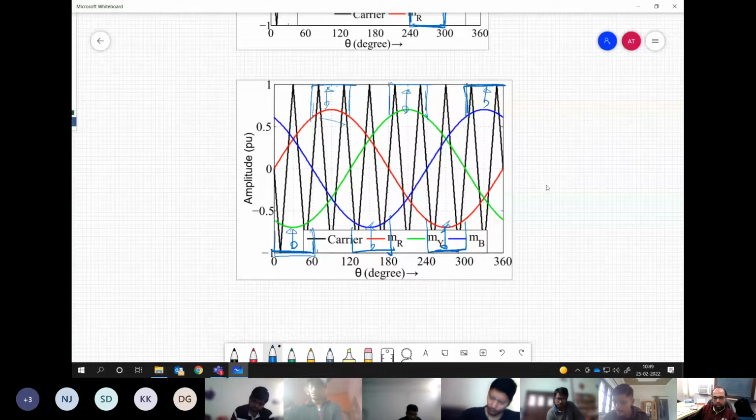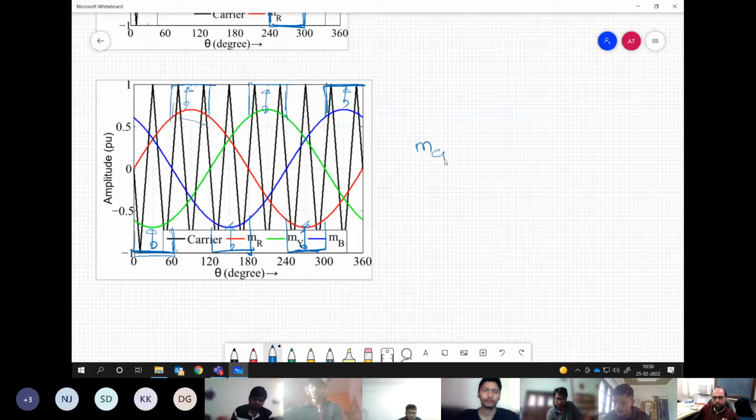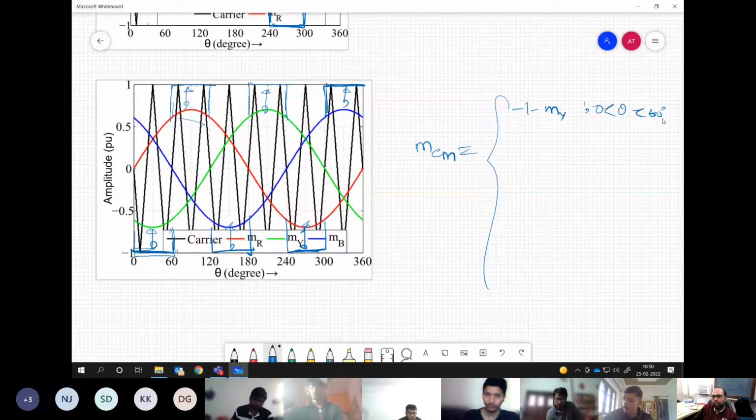So if I write the whole, complete common mode, it will be something like here we have the Y phase coming over there. So -1 minus My. This will be for 0 theta 60. Then we will have R phase here. So 1 minus MR for 60 theta 120. Then we have B phase negative -1 minus MB 120 theta 180.